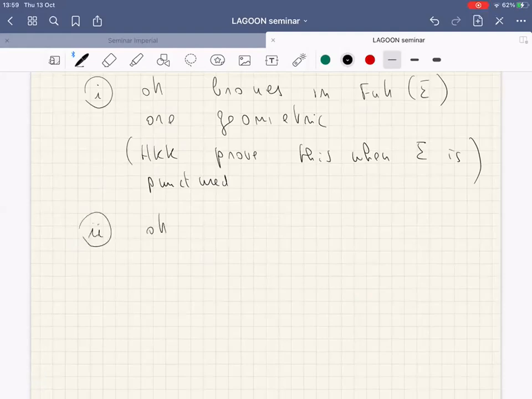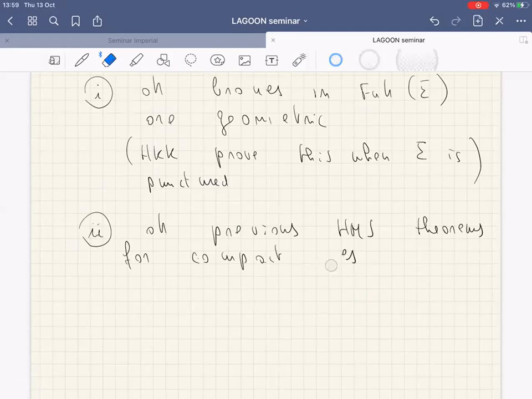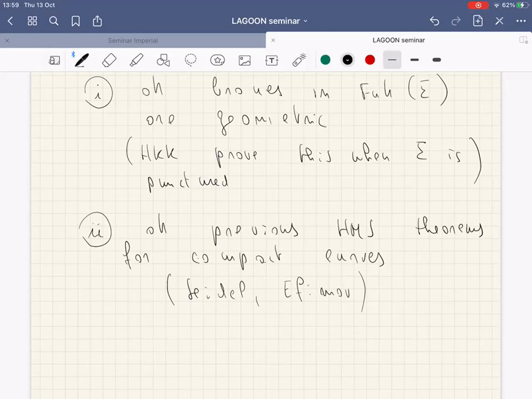Then let me say, all previous homological mirror symmetry theorems for compact curves, so the famous result of Seidel and Efimov, we recover this result, in a way demystifying these results, in the sense that Seidel and Efimov had a very clever argument based on finite generators.